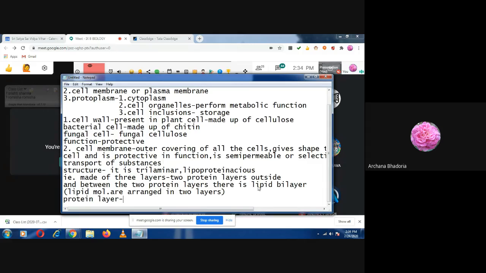So in the protein layer you find that two types of proteins are there.